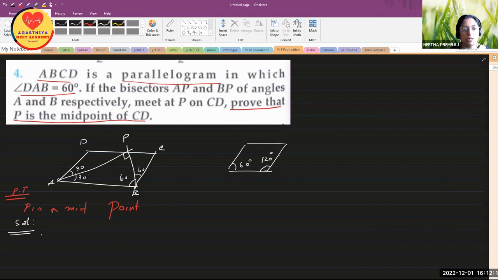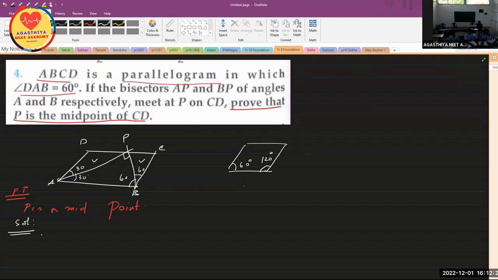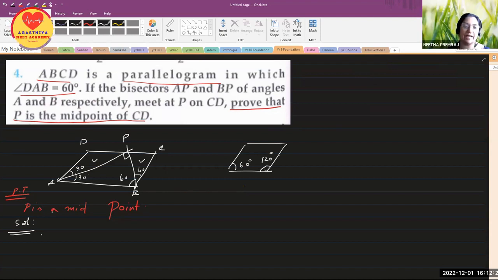If you can prove these two are congruent, obviously by CPCT, DP is equal to CP. Yes? So how do you prove ADP is congruent to BCP? What's the idea? Tell me.